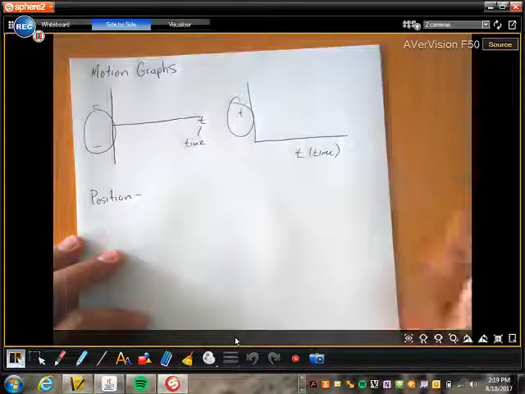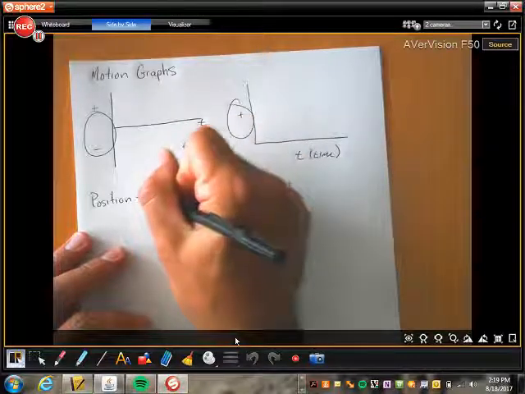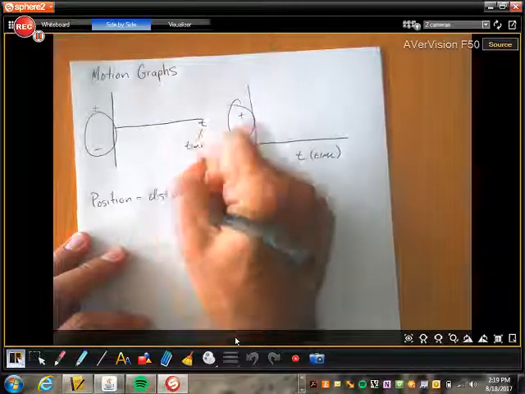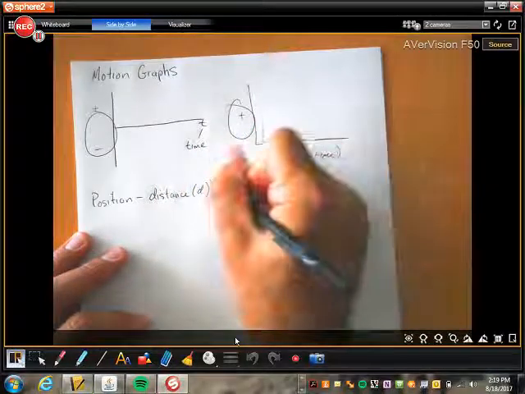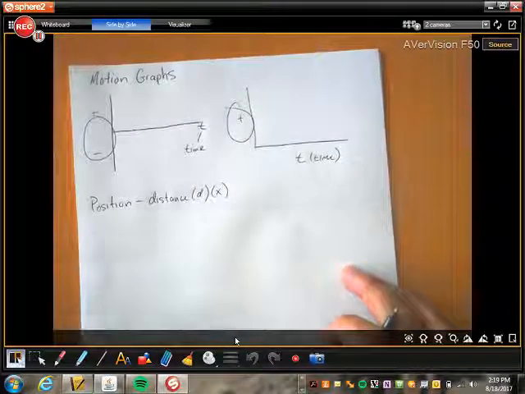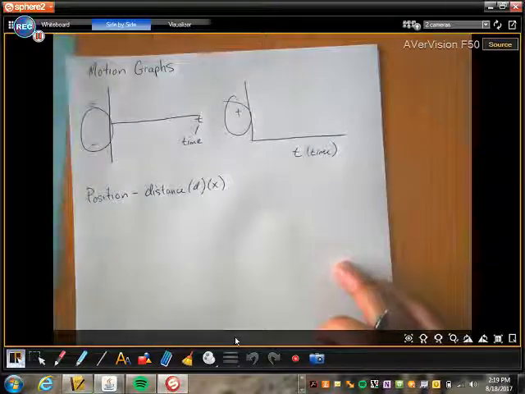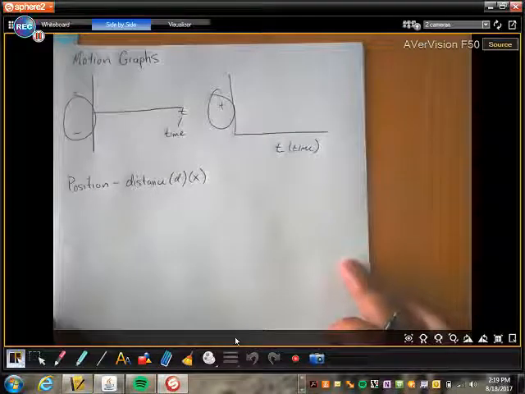Position is given in a unit of distance. Maybe it's abbreviated by D, sometimes it's abbreviated by X, like you'll see on this homework tonight. Okay.